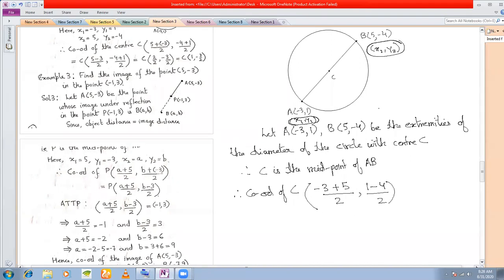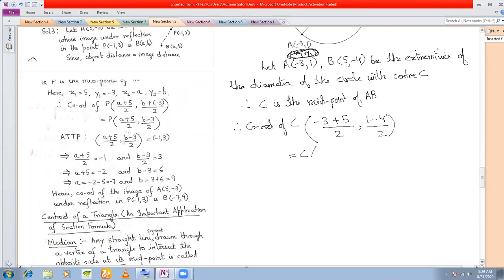So my advice to you is, whenever you are attempting questions on the section formula, especially, you will write this x1, y1 and this x2, y2 with a pencil, and you will write the ratios also if possible, and later on you can erase them.